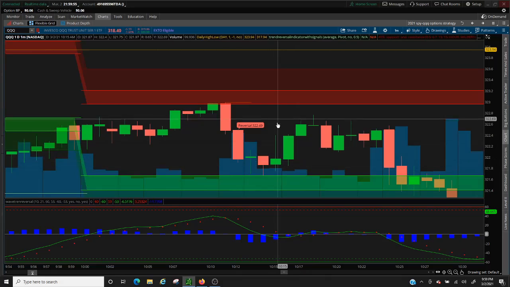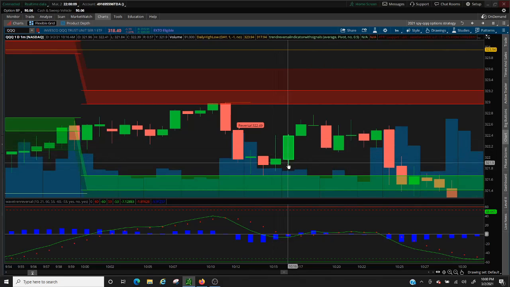Okay, so let's look at this funky looking candle. That means that the price opened low, it went all the way up, and then it went all the way down, and then it closed right here in the middle. This other candle, it opened low, it went all the way up, it went all the way down until here, and it closed right there.